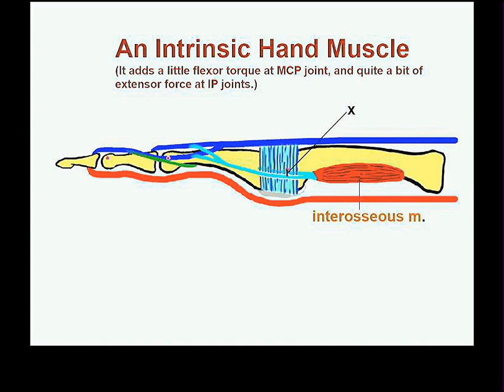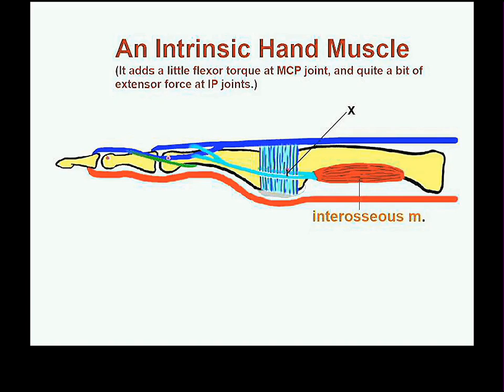One way to do it is to use a muscle like an interosseous muscle. The interosseous muscle adds flexor force, not a lot because it's very close to the axis of rotation, and then it sends its tendon, and that tendon splits and goes partly into the central slip and partly into a lateral band.